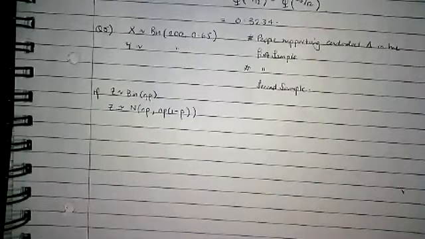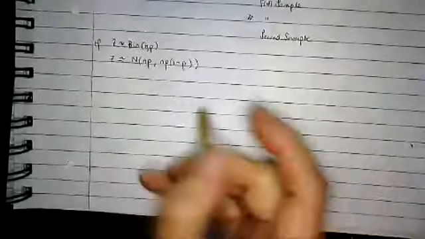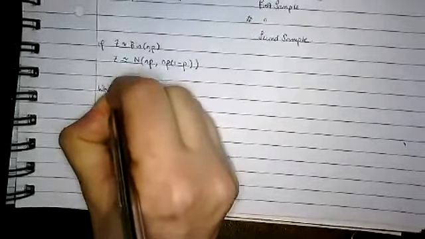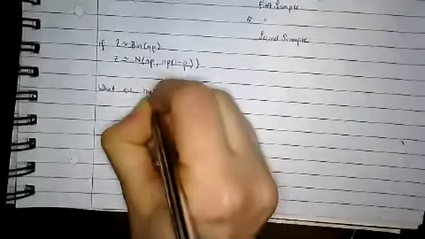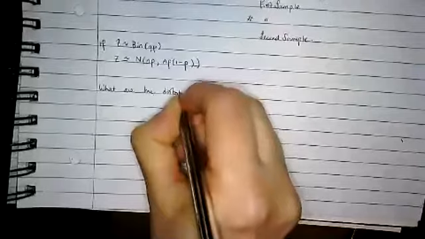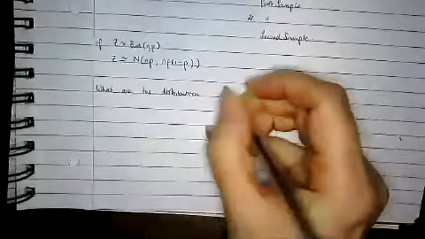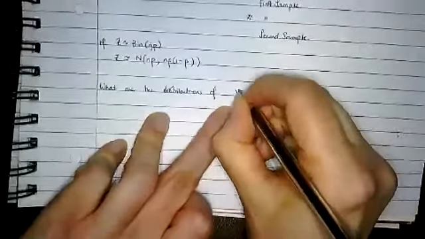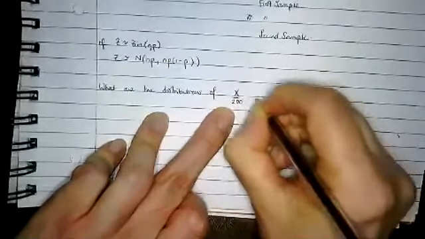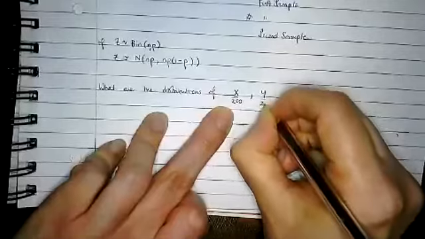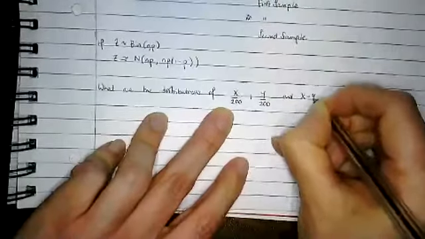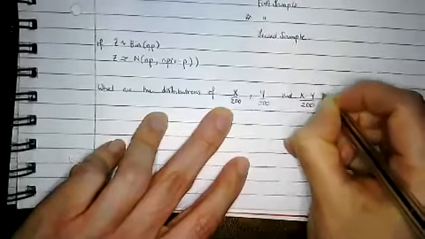So the first thing I'd like you to try and do is write down for me what's the distribution of X over 200, Y over 200, and X minus Y over 200. Okay.